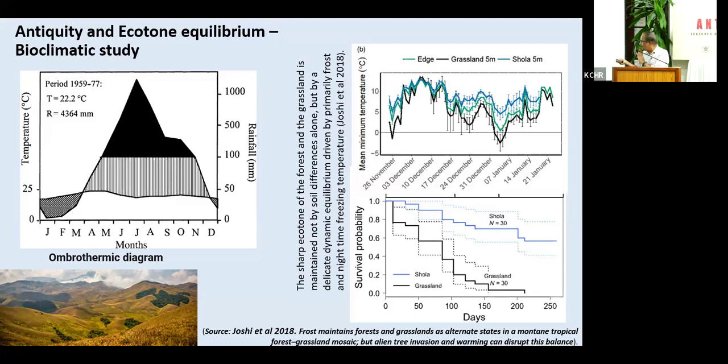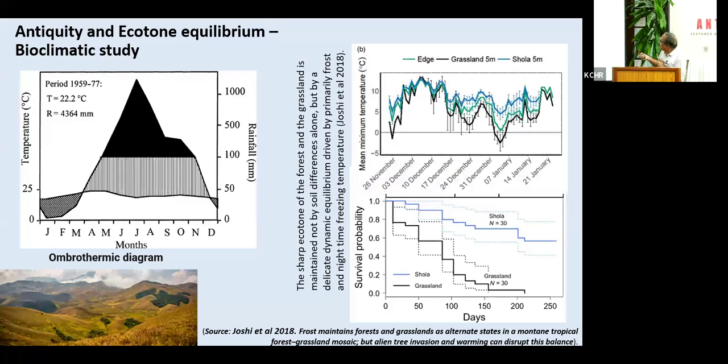In 200-odd days of observation, the Syzygium grande seedlings planted in the grassland died, but what was planted in the Shola had a survival percentage of around 70. Syzygium grande is a native species, planted in the grassland, in the sholas and in the ecotones, and they found that the survival of this species in the Shola is almost 70%, while in the grassland it is dying. This is what they found.